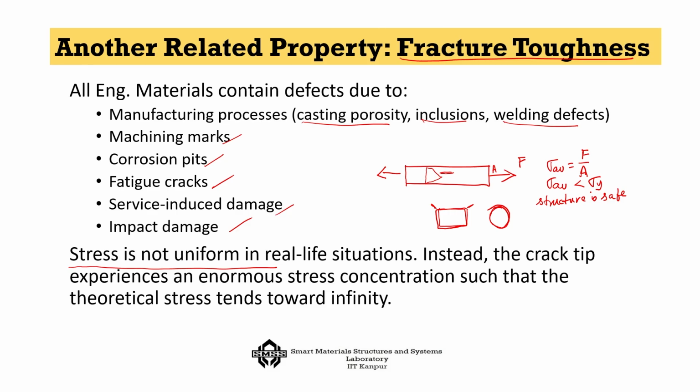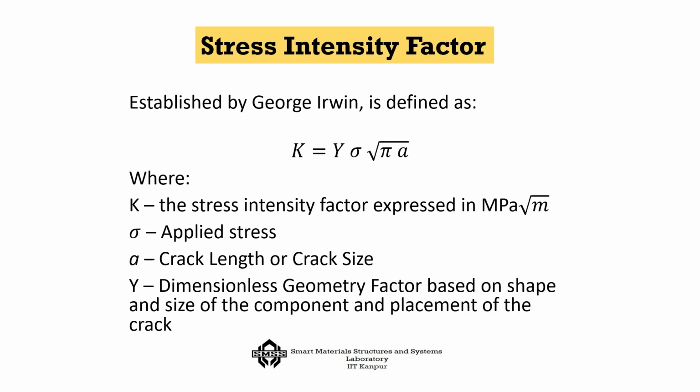Now, let us look into how we are going to look into the stress concentration. Thanks to George Irwin, the stress intensity factor is defined as Y sigma square root of pi a, which means there is a geometry factor, there is the applied stress, and also there is the crack length or crack size.